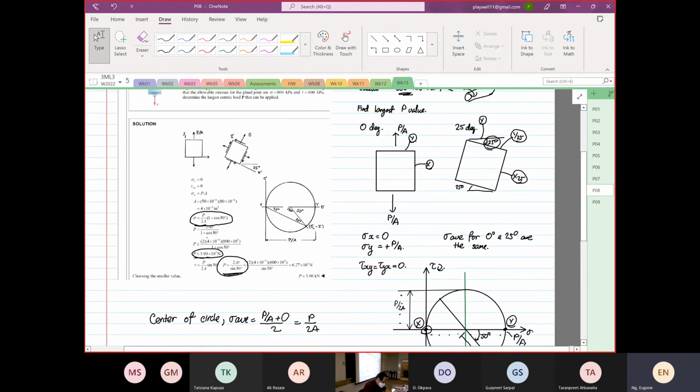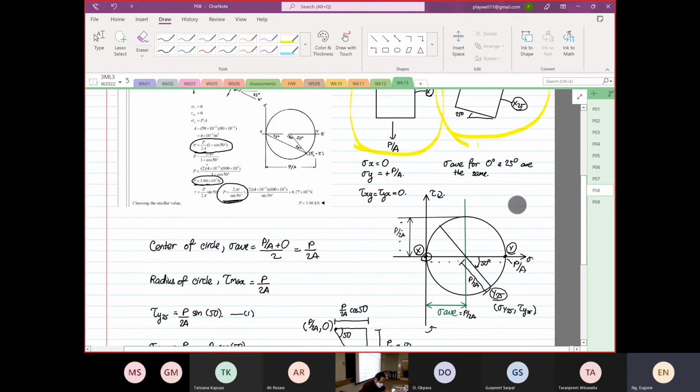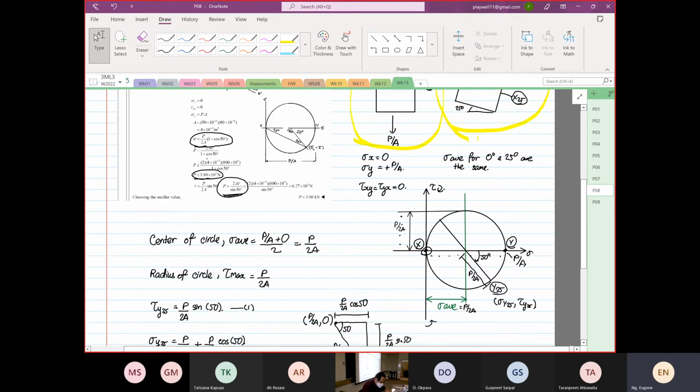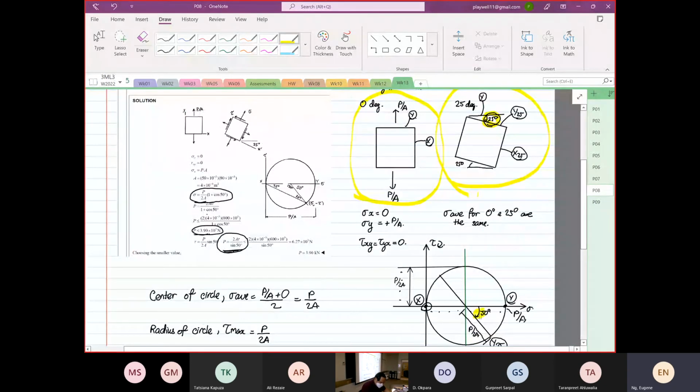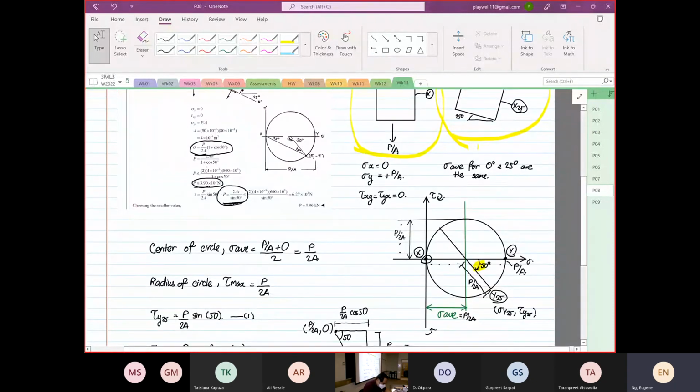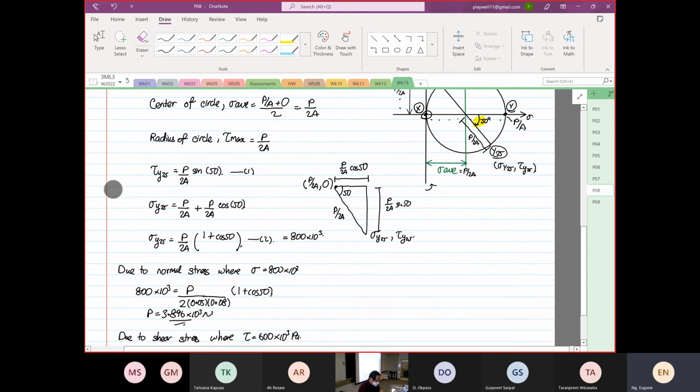The most important thing about this question is being able to construct the stress state on the Mohr circle. You have to know your orientation really well: it's 25, it's 50, and I think this is the critical one. The stress average for both 0 and 25 is the same. I think that's a critical one. Once you have that, constructing the circle is easy.